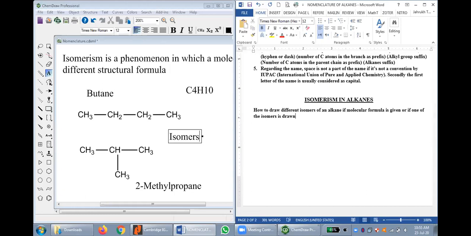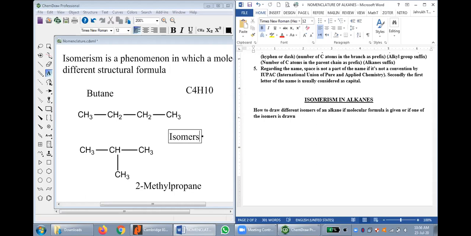That is the part of the question. The structure of one of the isomers is drawn as a part of the question, and you are supposed to draw one more isomer, or two more isomers in that case. Usually, IGCSE is not asking for more than two structures recently. If I say recent, I'm talking about the past 5 years of papers.